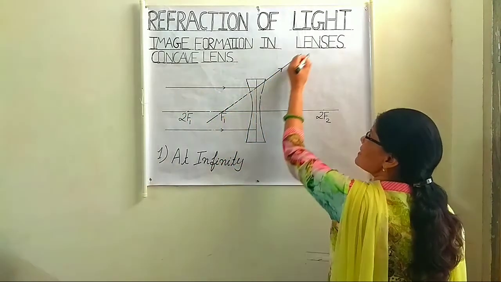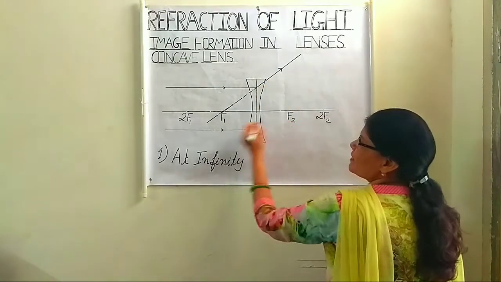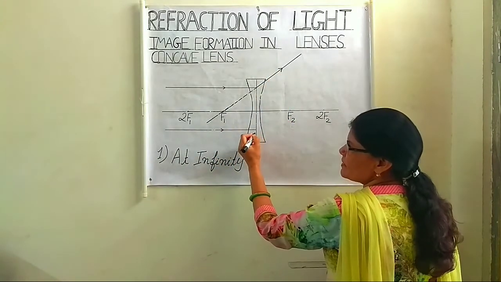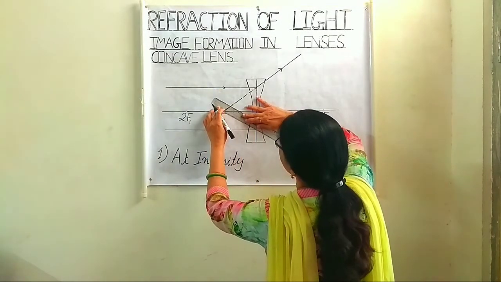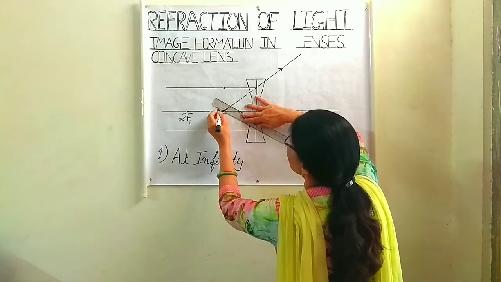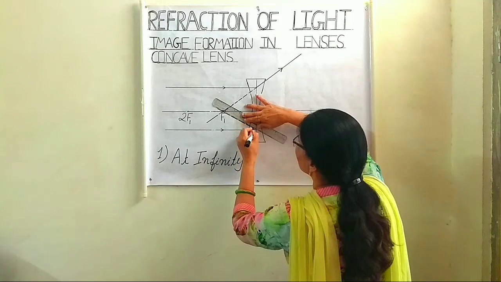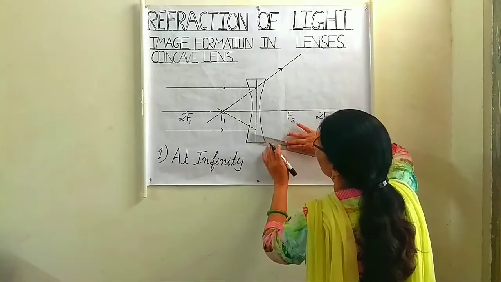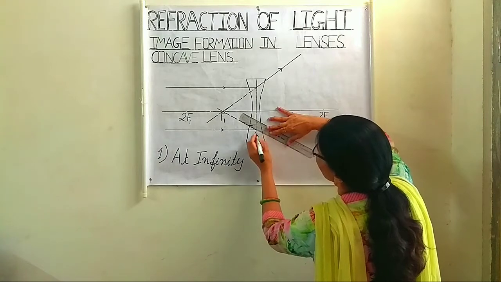So we have to put an arrow here. Same way, this is again an incident ray. After refraction, it will pass through the focus. We have to use a dotted line on this side, and we can extend this on this side. And let us put an arrow.